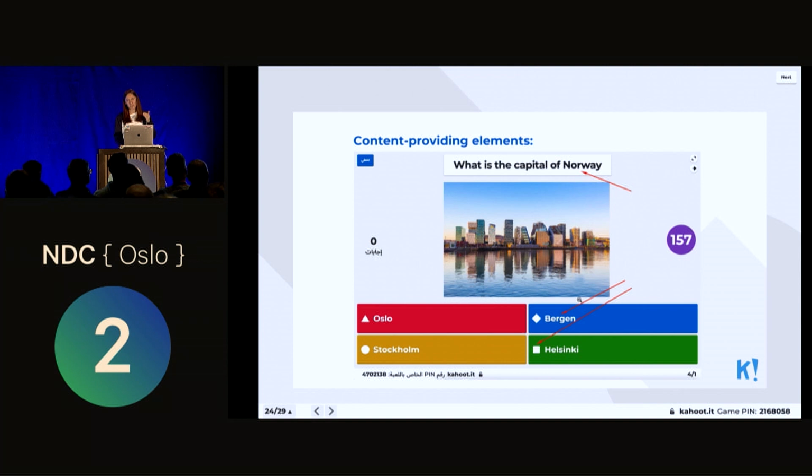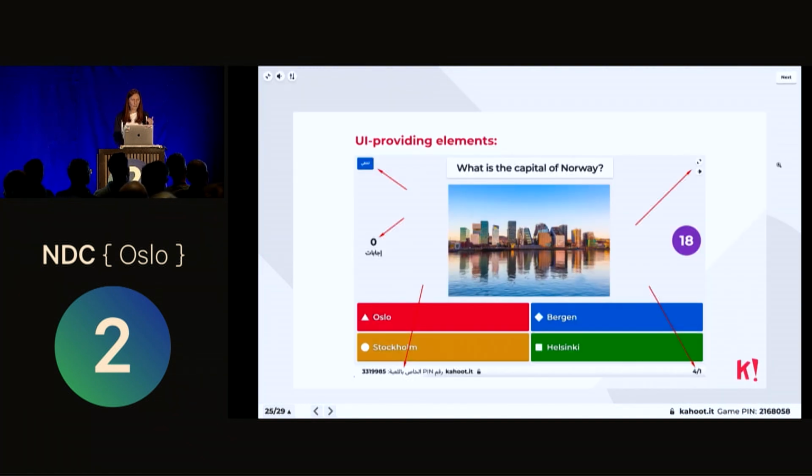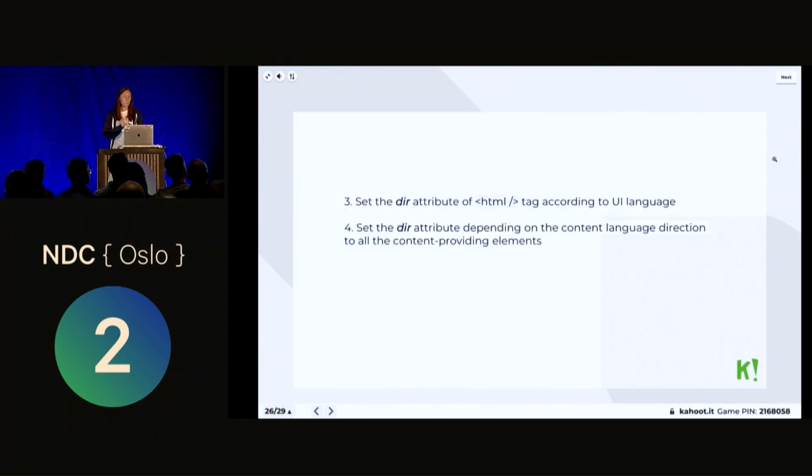As I said, the question and the answers, and the UI providing elements are buttons, timers, and all the rest, which doesn't depend on the quiz itself. Then we need to set the direction attribute, which I was talking about in the very beginning, on the HTML tag of the page according to UI language, the language which you choose while starting the Kahoot game.